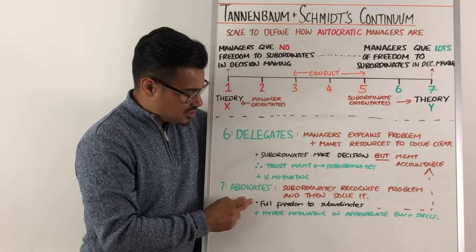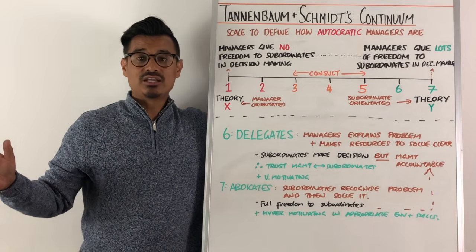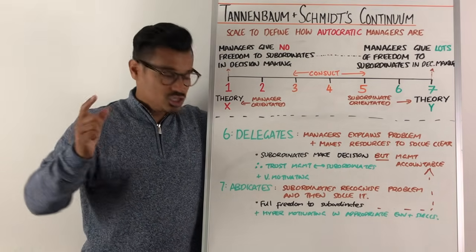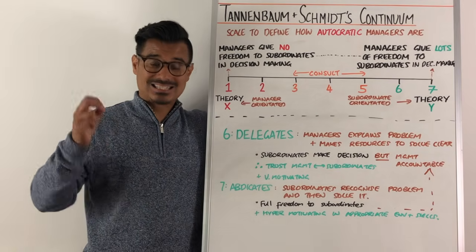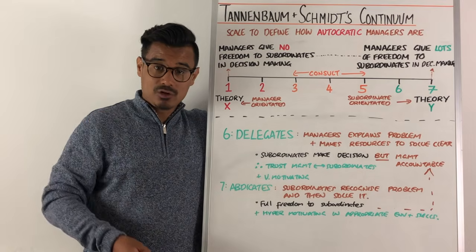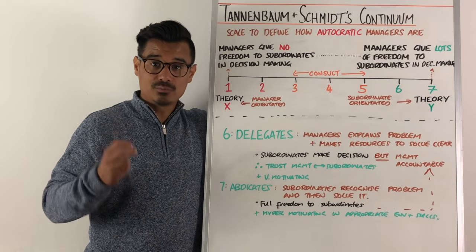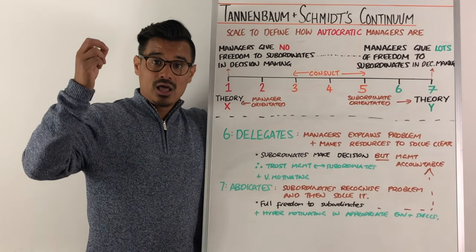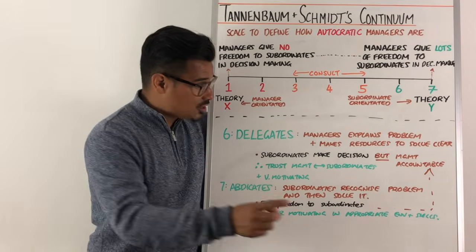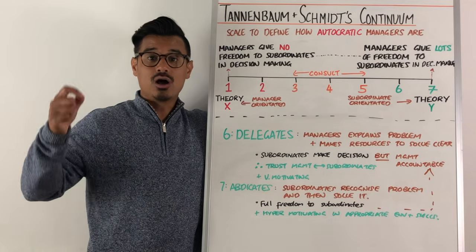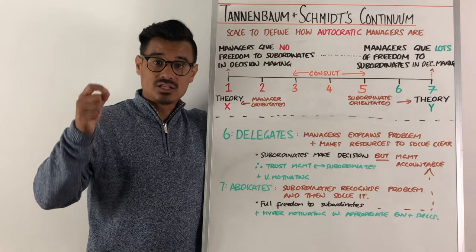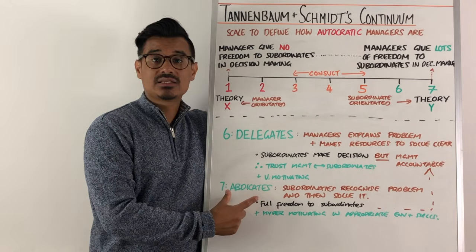And so when you've got this situation, it's clearly full freedom in decision making to the subordinates, hyper motivating if you've got the appropriate skills and the appropriate experience within those subordinates, those staff. The last thing is that you must remember that managers are still accountable for the ultimate decision that the subordinates have made in the abdicates situation.